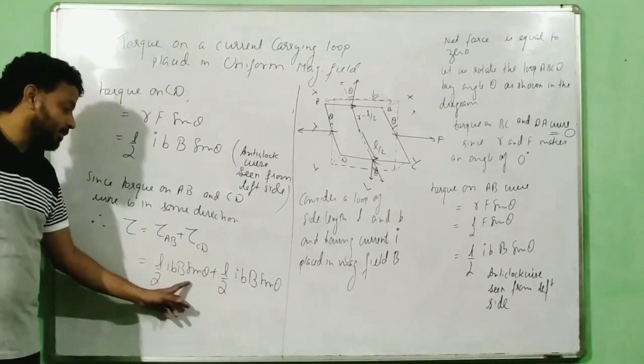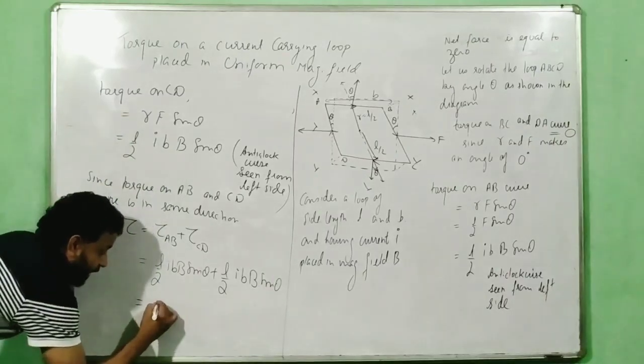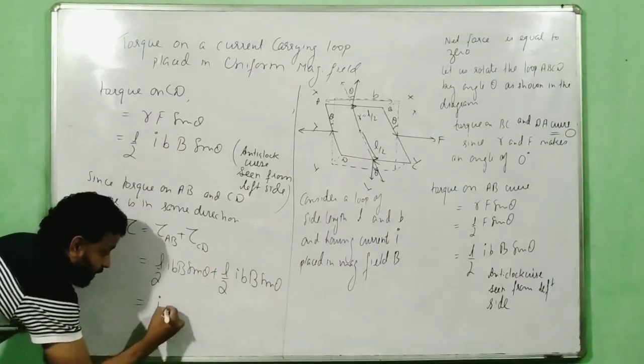I can take I B B sin theta common, then L by 2 becomes L.